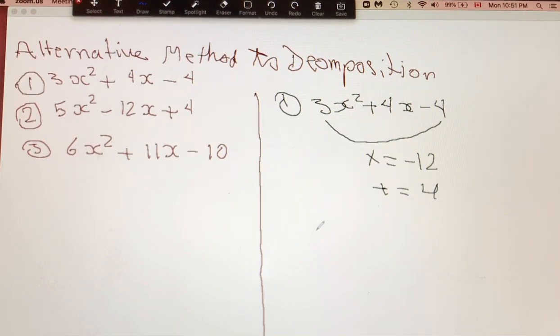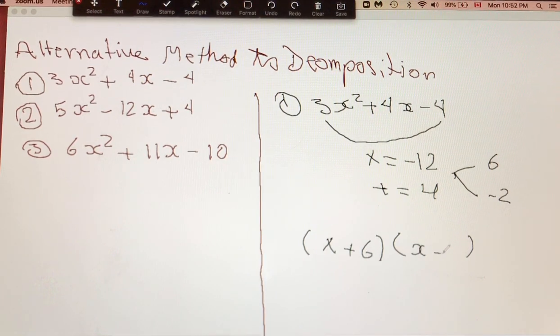The two numbers that would do that are 6 and negative 2. So we write two sets of brackets, and we stick the plus 6 with the x and the minus 2 with the x.